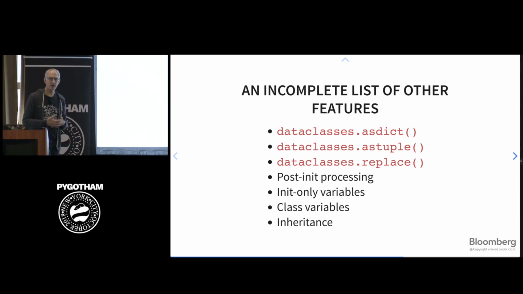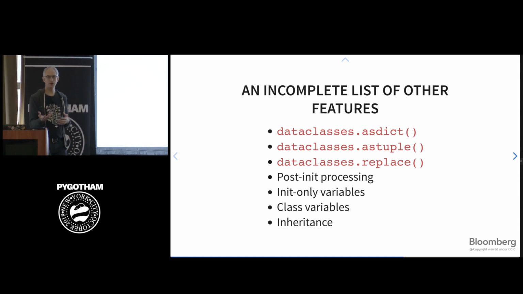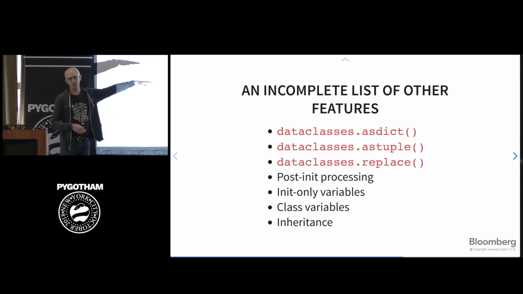There are a number of other features within the data classes module. I'm not going to go through these, but I did want to highlight them to you. Data classes has a function asdict, which allows you to take an instance of a data class and render it as a Python dictionary. Similarly astuple. If I have a frozen data class and I want to create a new instance of that object, but I want to mutate one or more of the fields, I have this function called replace.